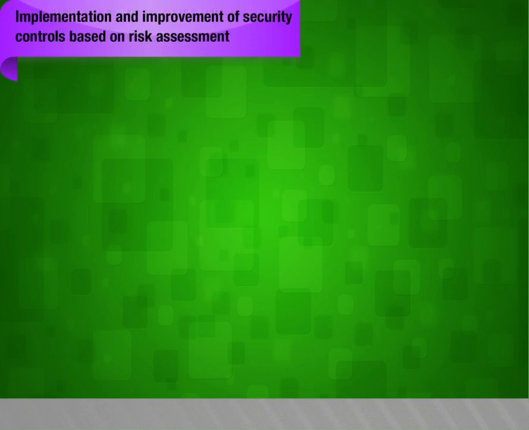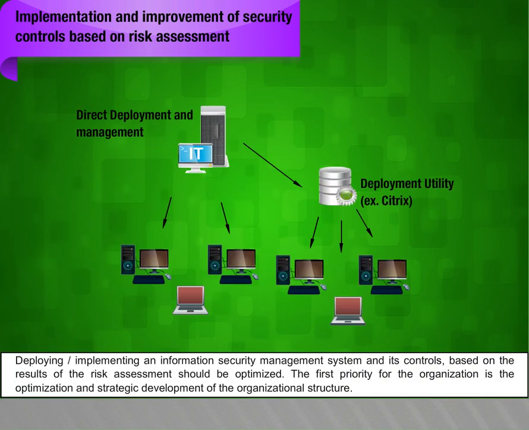Implementation and improvement of security controls based on risk assessment. Deploying or implementing an information security management system and its controls based on the results of the risk assessment should be optimized. The first priority for the organization is the optimization and strategic development of the organizational structure.